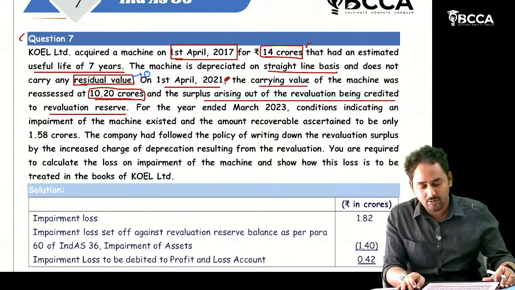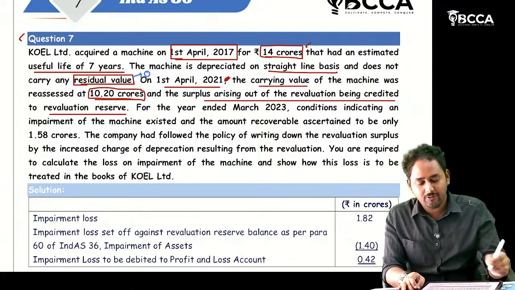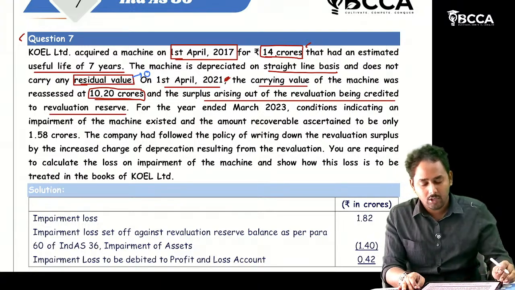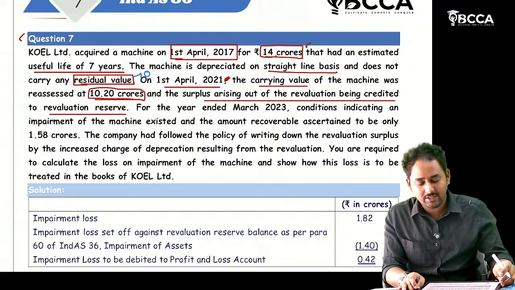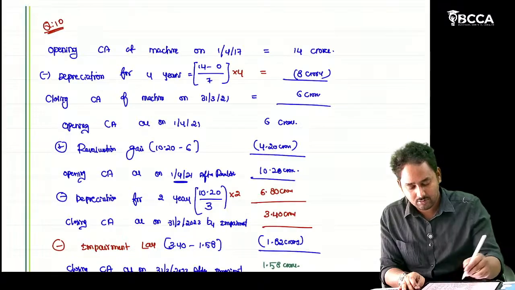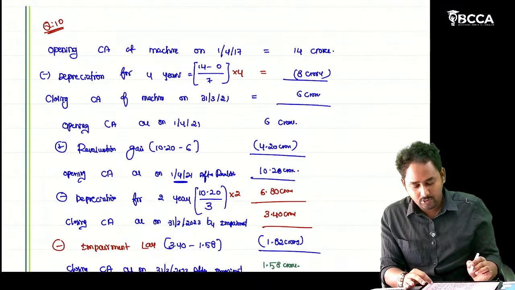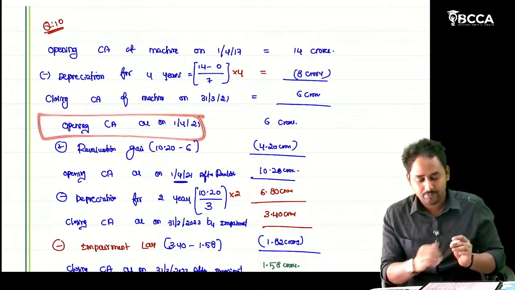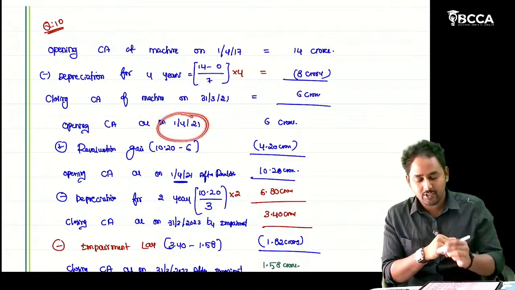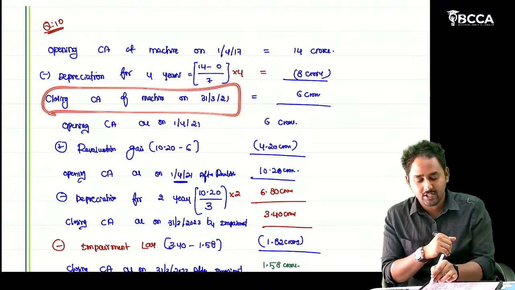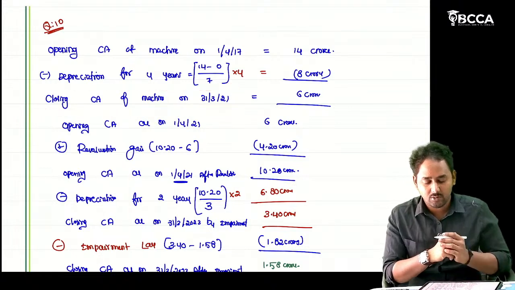I have the carrying amount of the machinery on April 17, 14 crores, so I need the closing carrying amount of the machine as on 31st March 21.